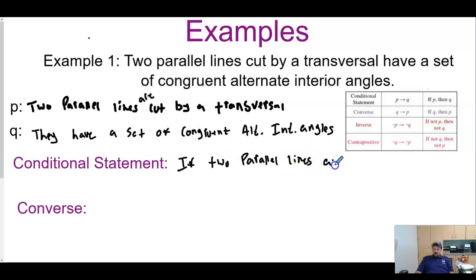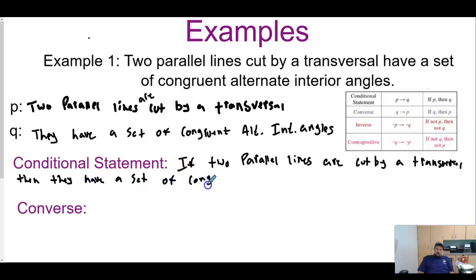If two parallel lines are cut by a transversal, then they have a set of congruent alternate interior angles.